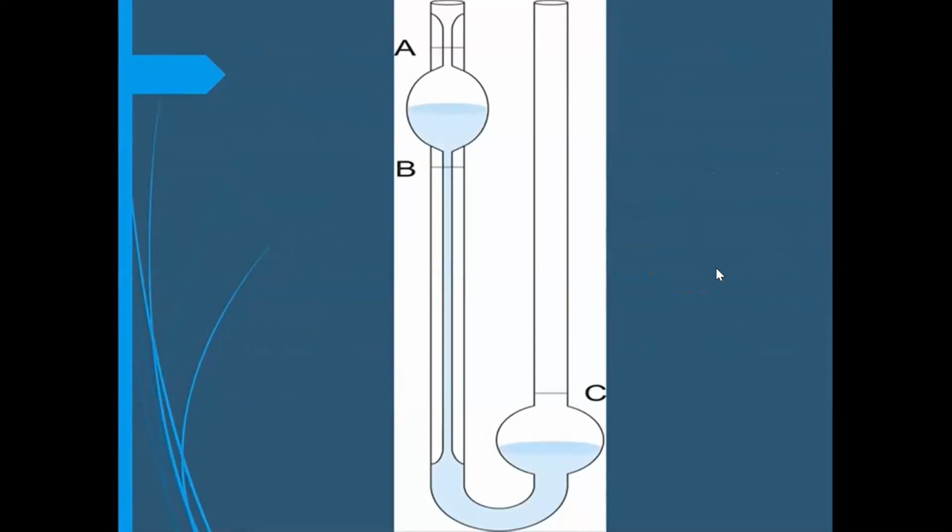you can see here, we have point A and point B, and inside it a capillary tube, okay?